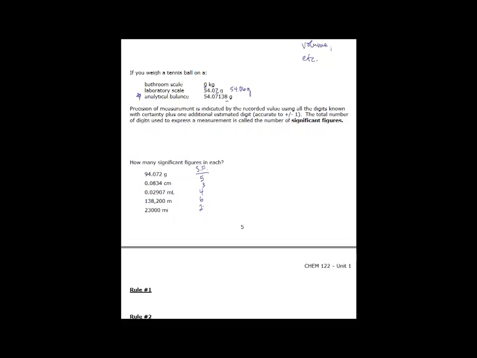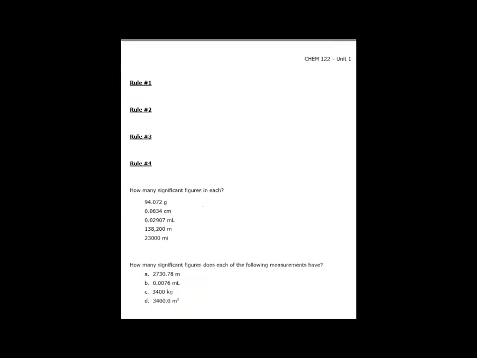The first rule is that zeros in the middle of a number are significant. We see that with this first one.